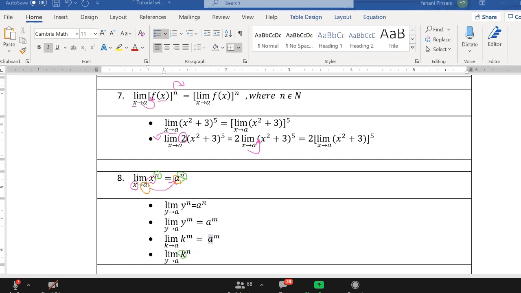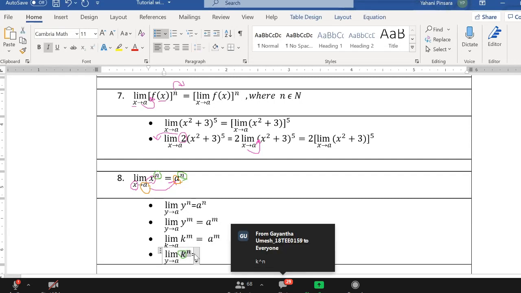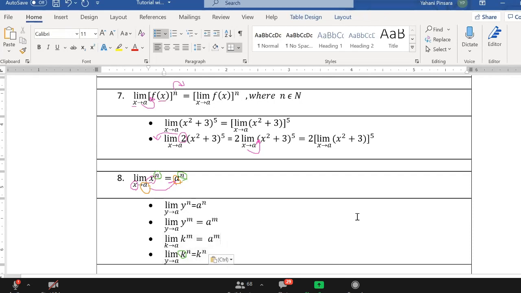So here we don't use this rule, instead we are using the first rule: limit of a constant equals the constant, k to the power n. Yeah, Kayanta, you have the correct answer.